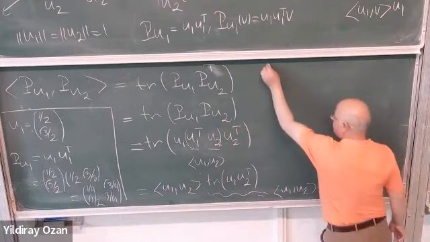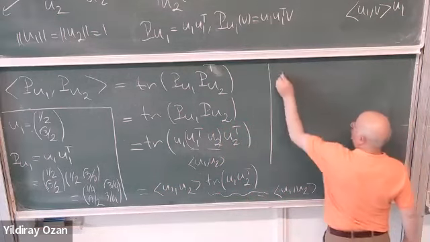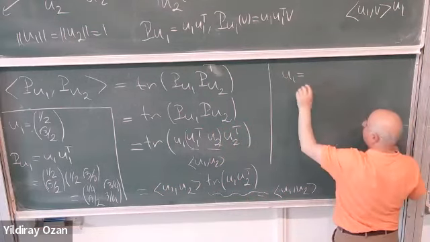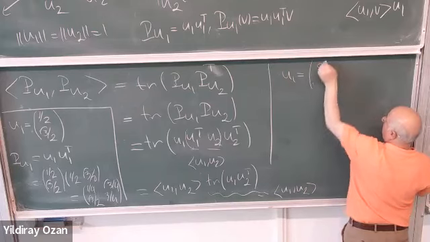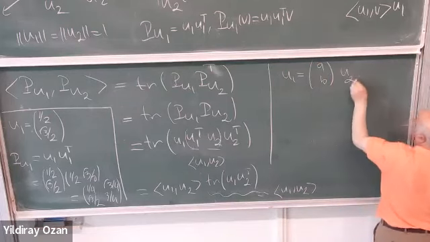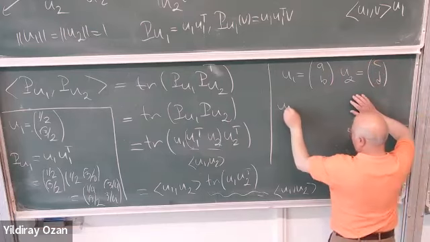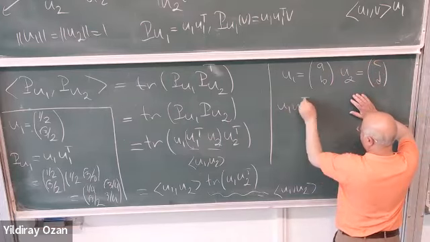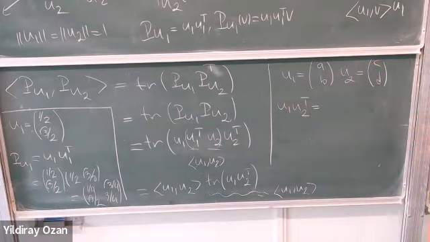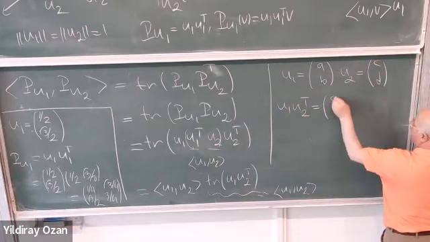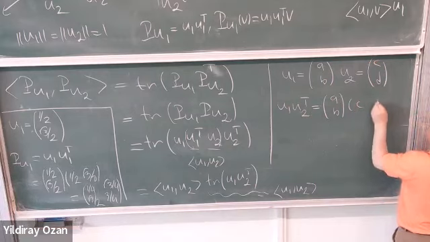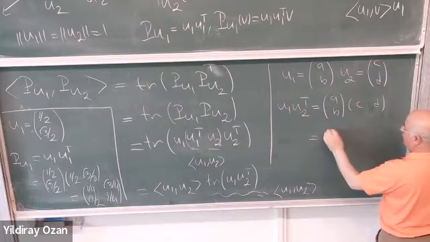Why is that? Let me explain it here. Let's say U1 is just this, A, B, and U2 is just C, D. Okay, so U1, U2 transpose. What is this? This is A, B, and then C, D. Well, what is this?